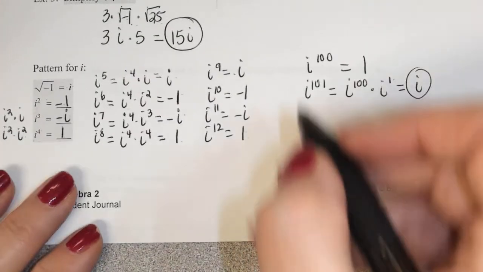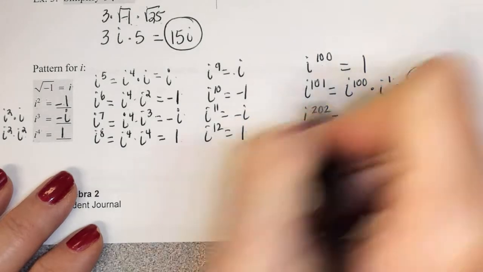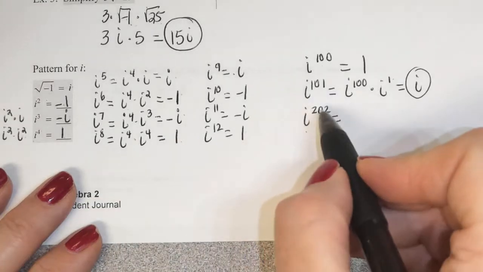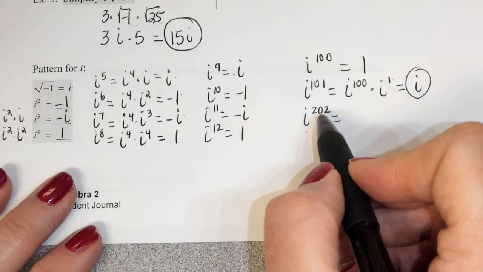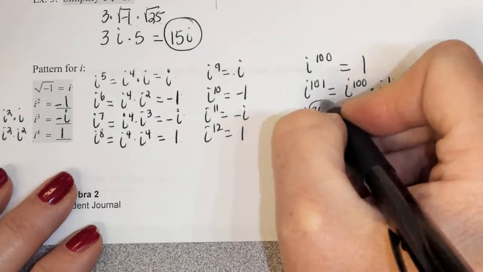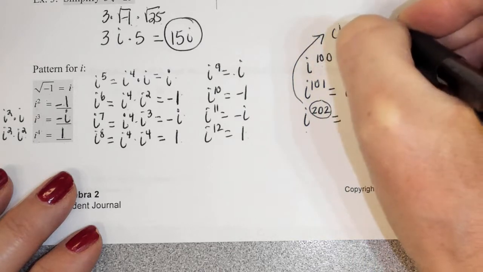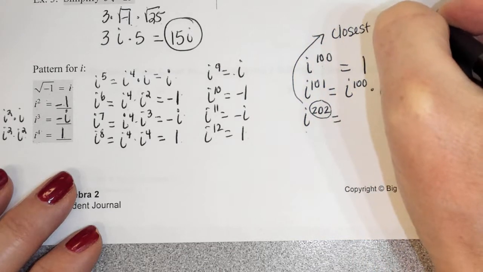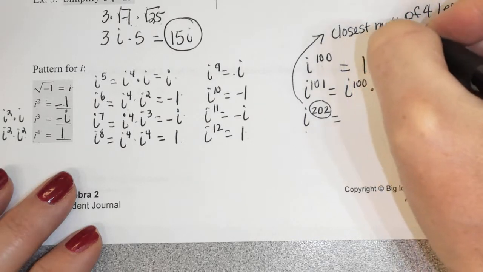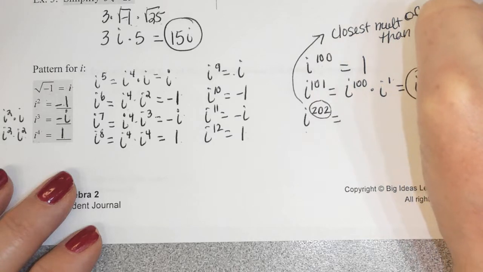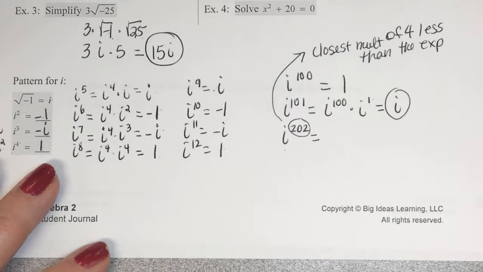So what I'm going to do, like if I ask you to do this, I to say the 202nd power, I want to think of a multiple of 4 closest to this that's less than this. Let's jot that down. Closest multiple of 4 less than the exponent.